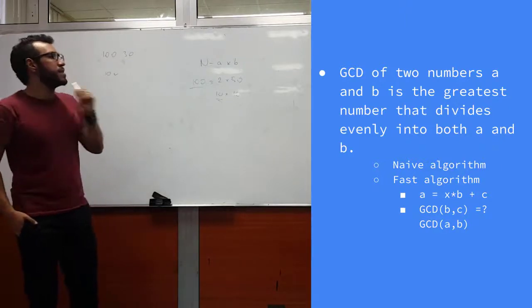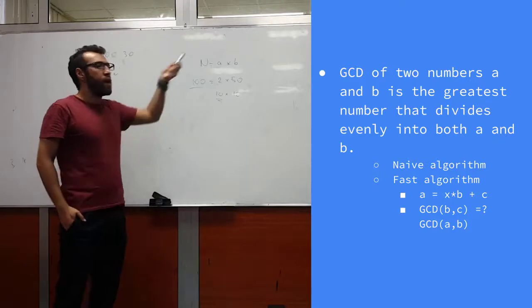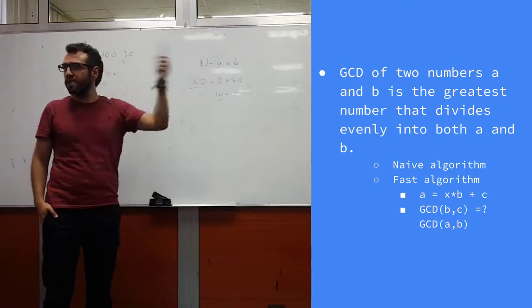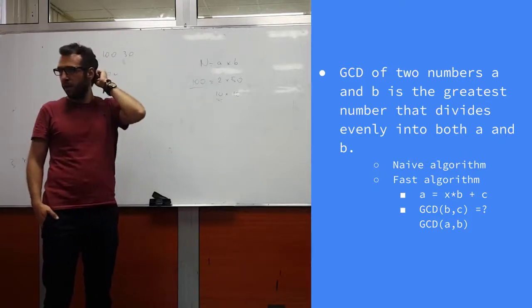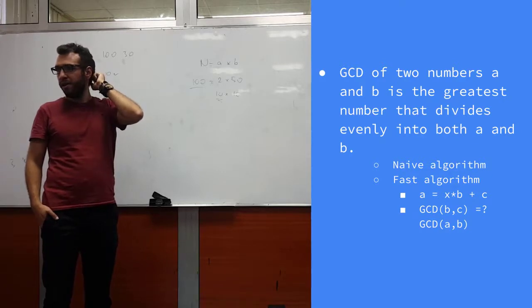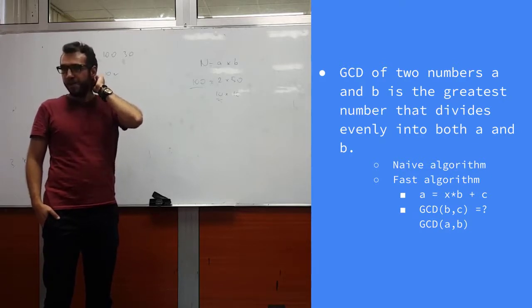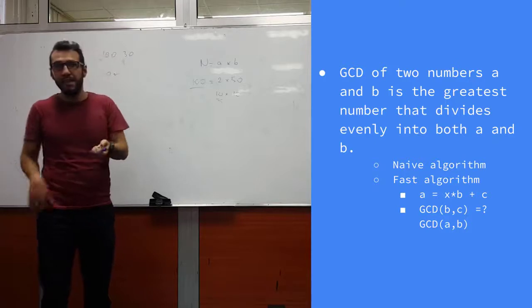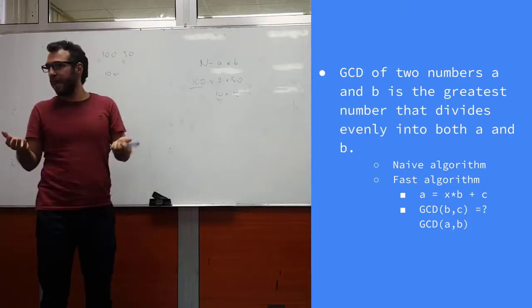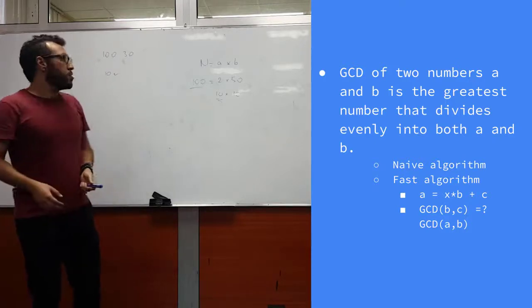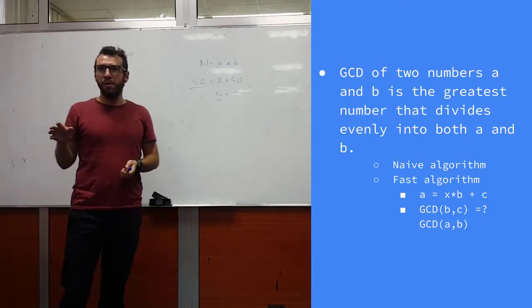But which way do we start? Do we start from one and go up to the smaller one, or do we start from the smaller one and come down? Okay, I think from the smaller one down. We're gonna come down, right? Because that way we can basically tell that the first number that we find is gonna be the answer, right? Okay. So did everyone get the algorithm?